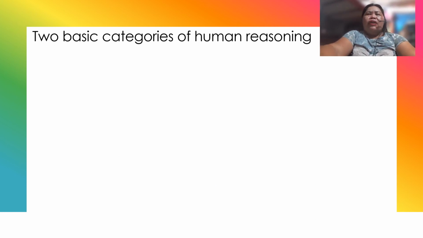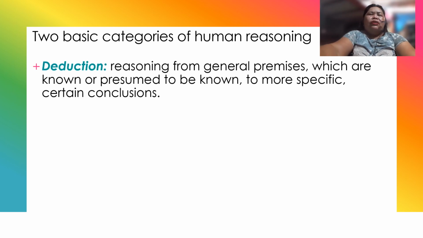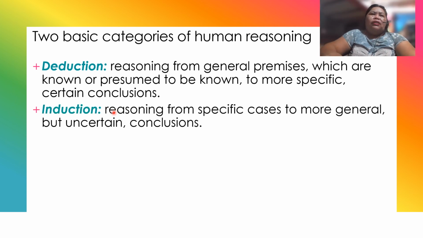So we have two basic categories of human reasoning. First, we have deduction, meaning reasoning from general premises, which are known or presumed to be known, to more specific, certain conclusions. Induction is reasoning from specific cases to more general but uncertain conclusions.